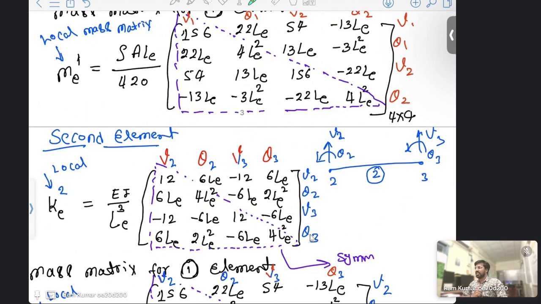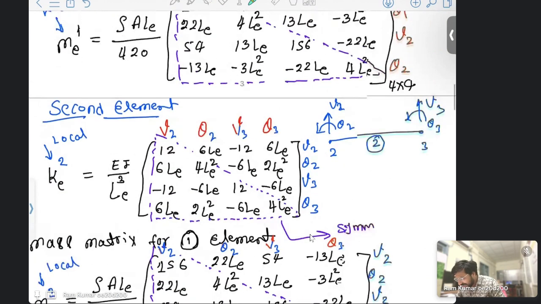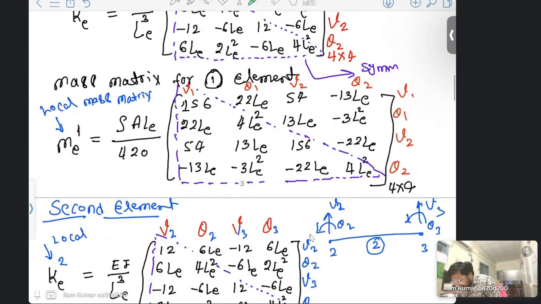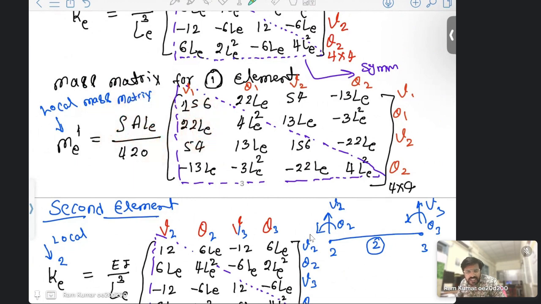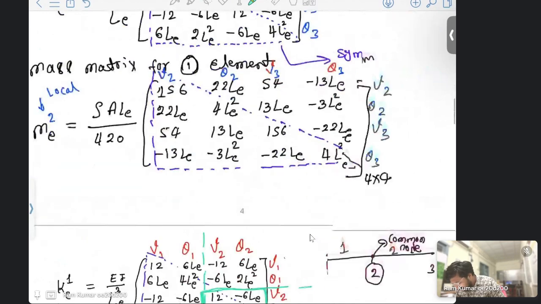But the problem isn't solved. Now what we have to do, we have to put all the values, length, E, rho, everything, and we have to find finally the global matrix. Can you try that one? If you have that calculator.